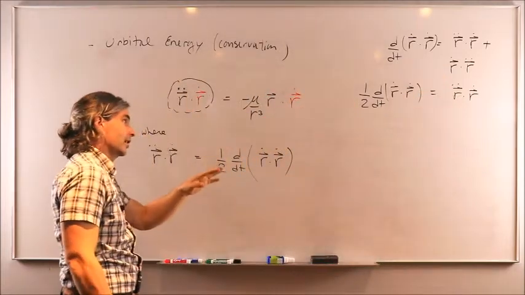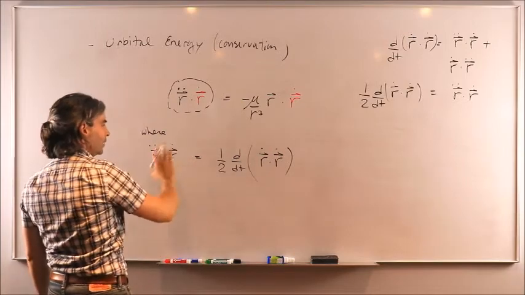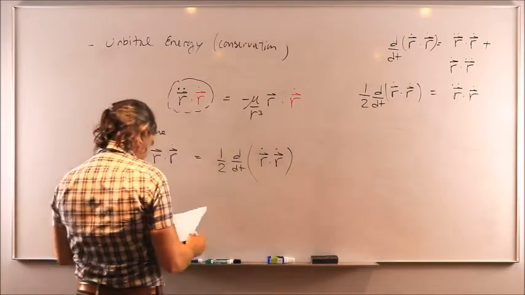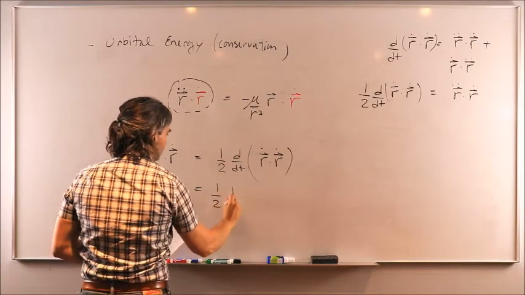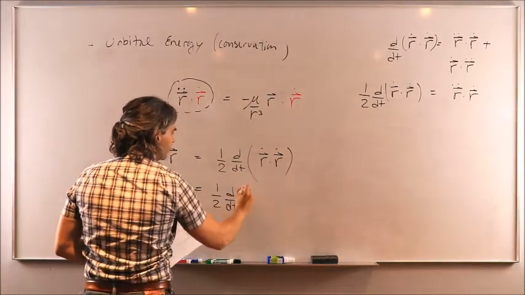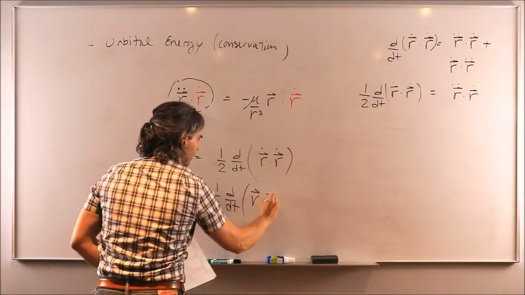And that was a lot of dots. So that's why we are allowed to say that this is 1/2 d/dt of, what is r dot? This is your velocity vector dotted with itself.